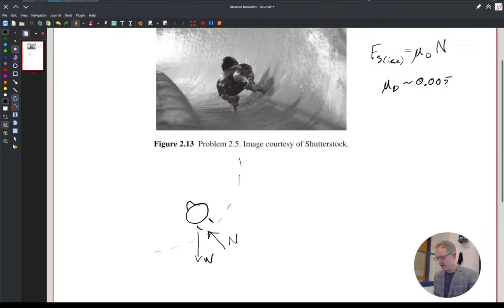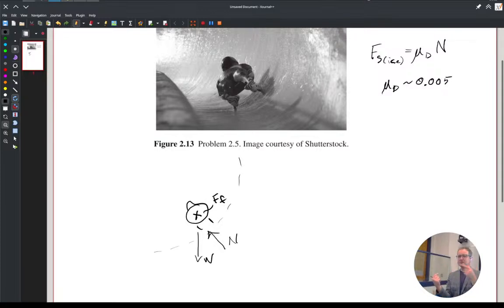So one thing that I saw was people trying to draw friction somehow pointing into the page. One way that I do that is force of friction is an X, which means it's going into the page, and a circle is coming out of the page.